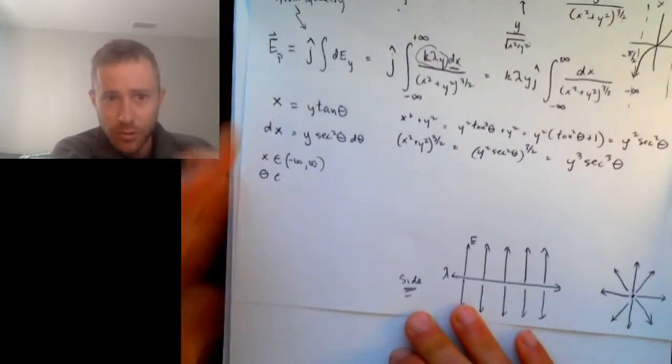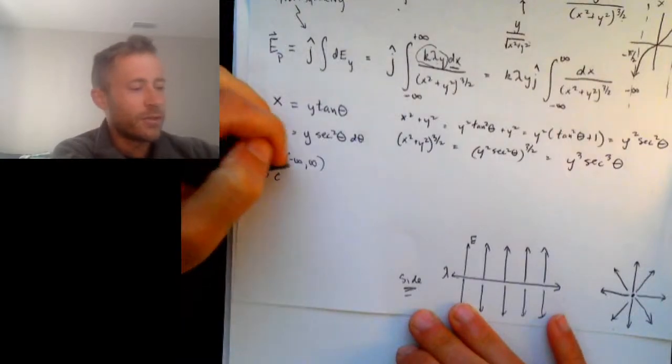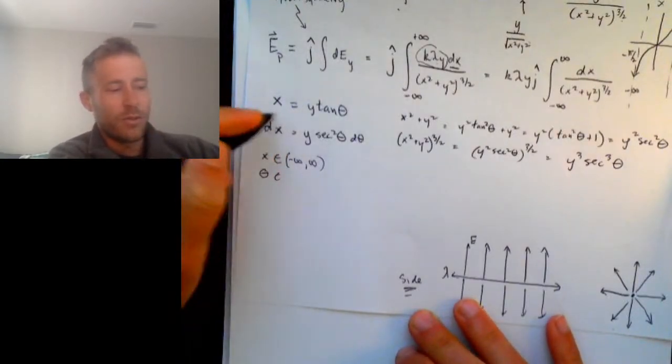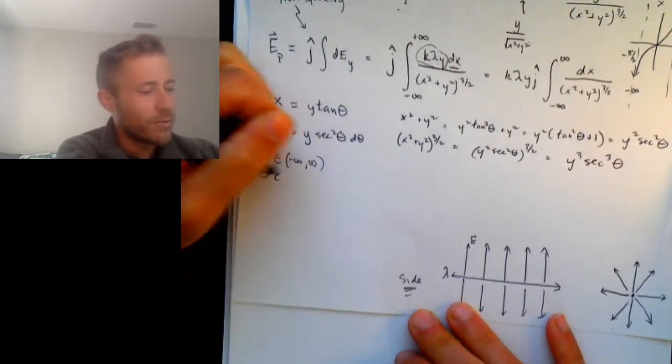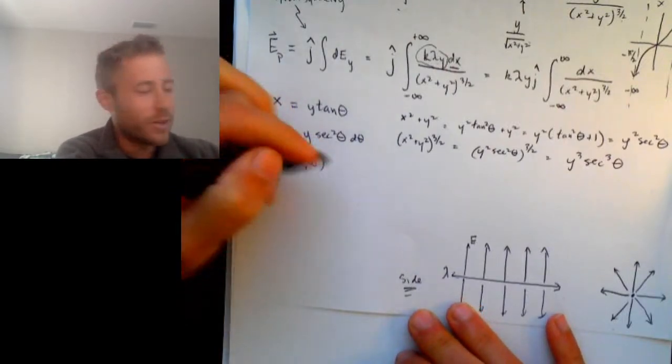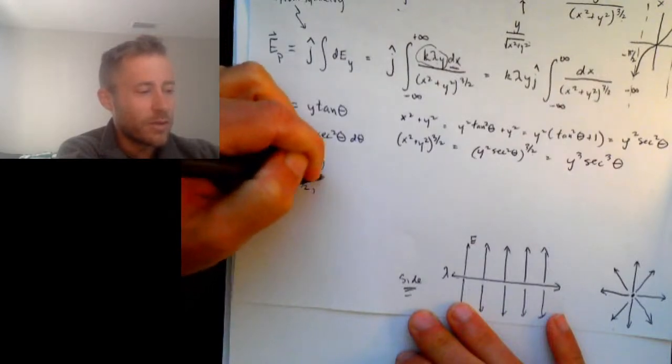So remember, when you do any kind of substitution, your limits of integration are going to change. When we switch to theta instead of x, our limits of integration go from minus infinity to infinity, and they transform into minus pi over 2 to plus pi over 2.